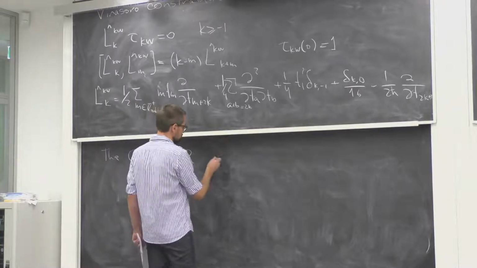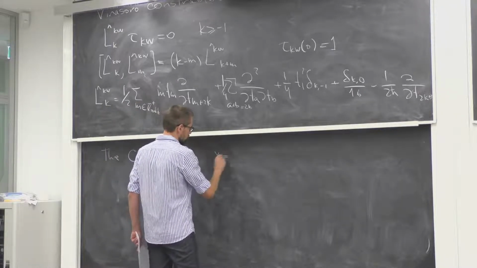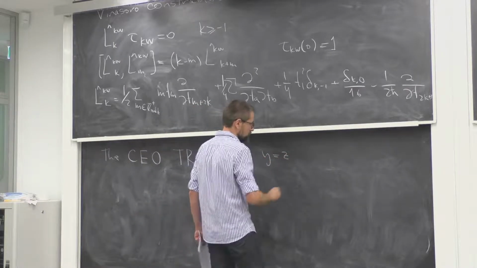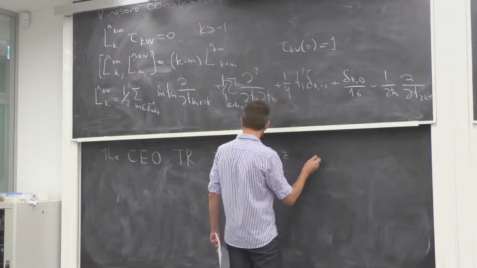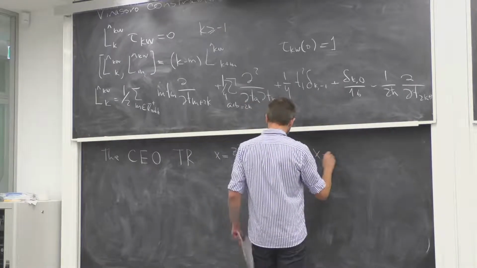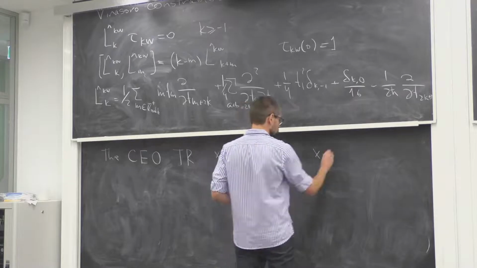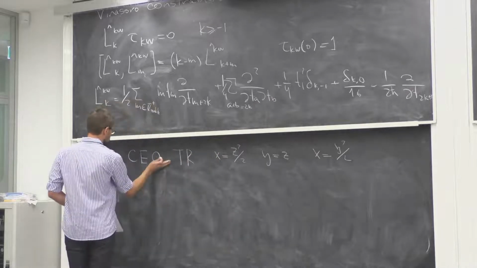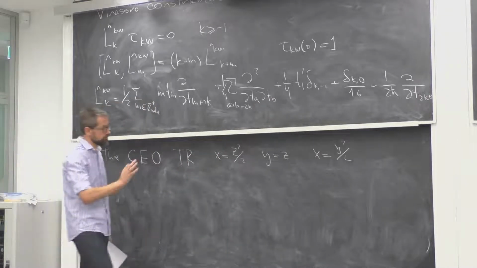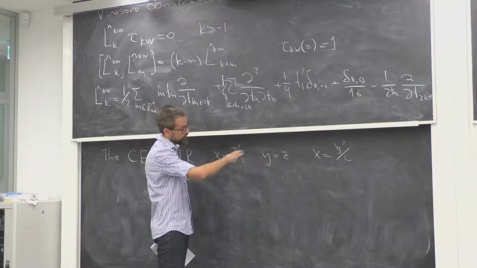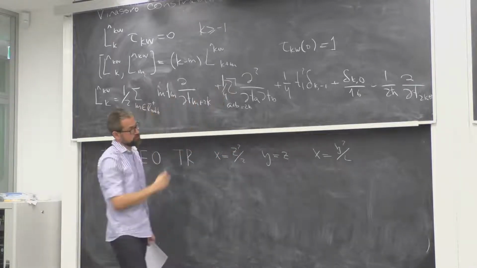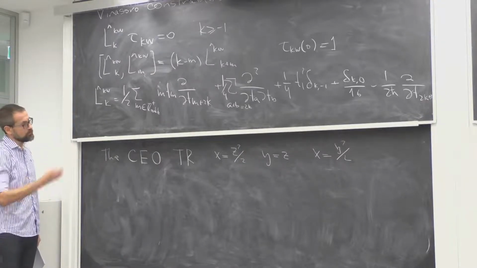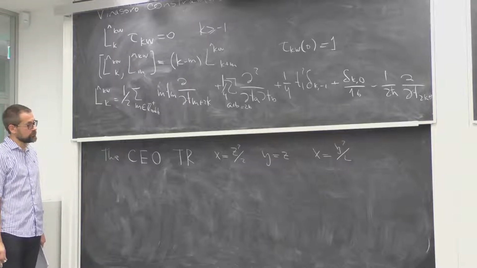We have two functions: x is z squared over 2 and y equals z. That is, the spectral curve equation is x equals y squared. I will not describe this procedure, but I just want to mention that there is a way to construct this partition function using this topological recursion. This is one of the basic examples of this recursion.